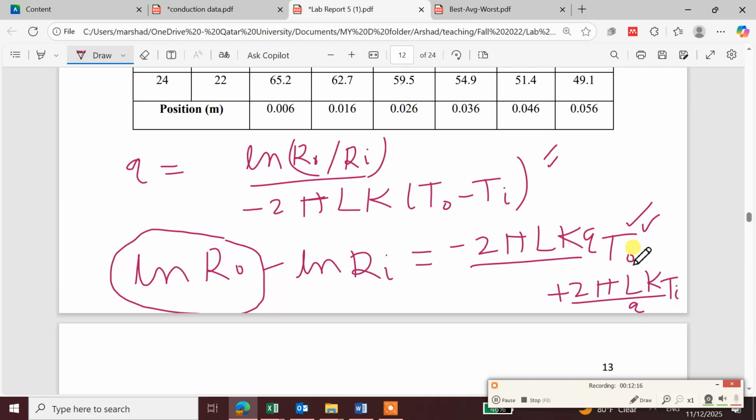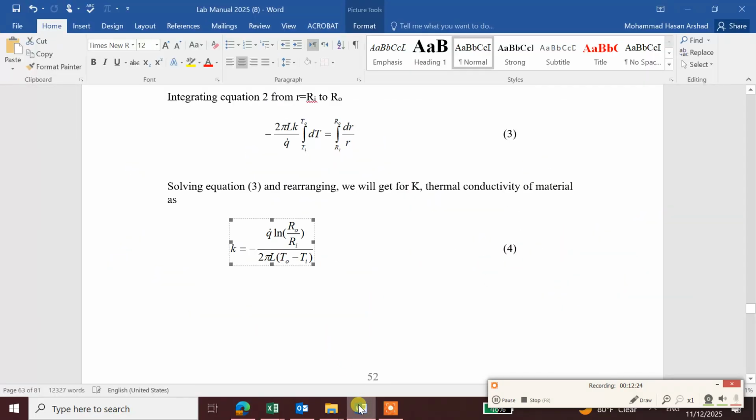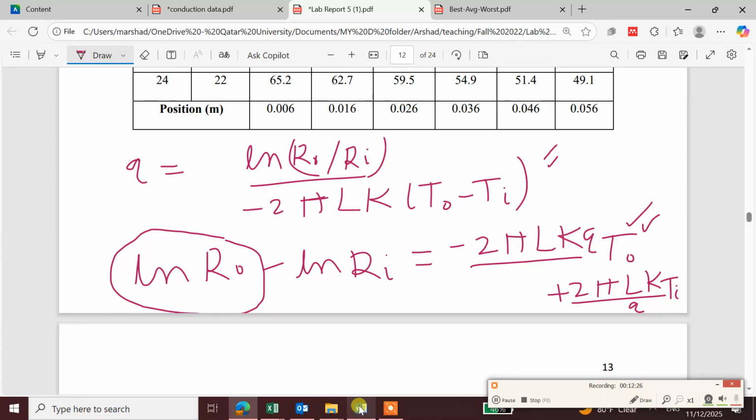So then what will happen? The slope will be, let me check the equation again. Sorry. This one is K, not Q. K. And one minute, that equation.